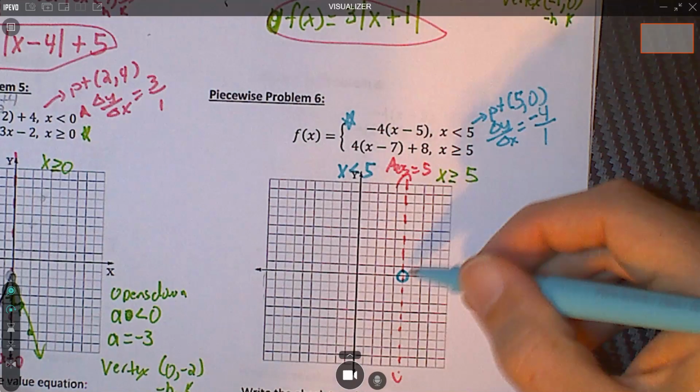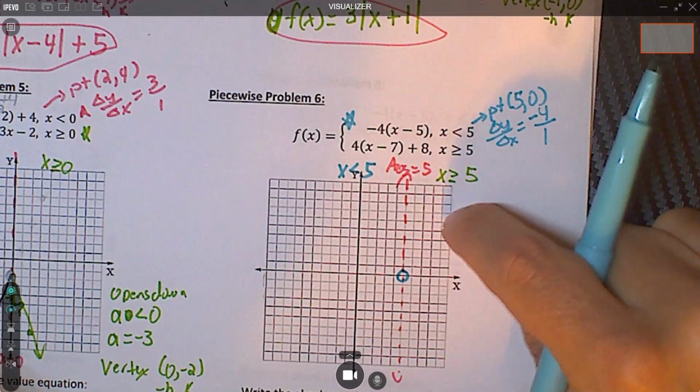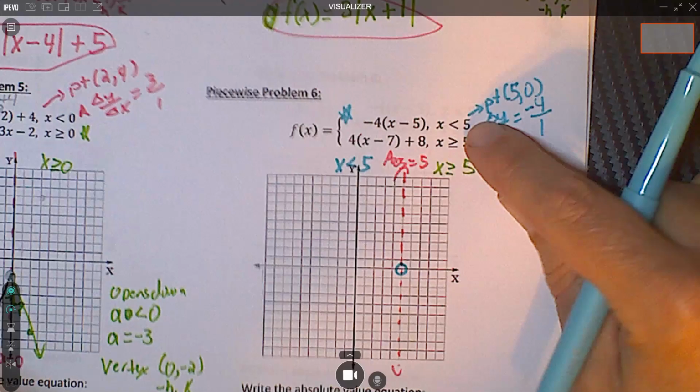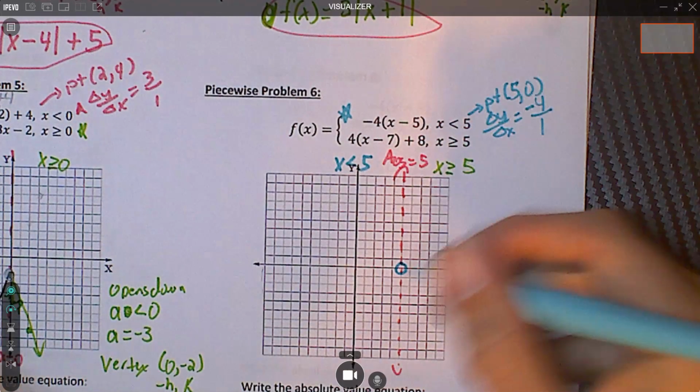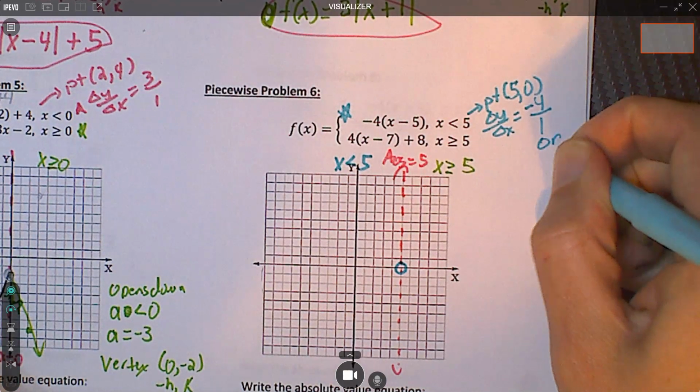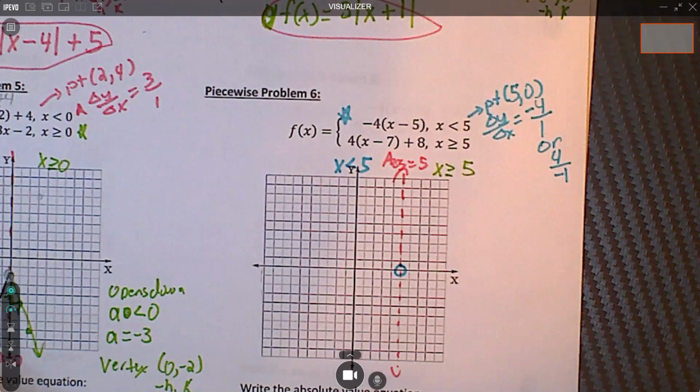Okay, and up 4, right 1 would be if we're in this zone, but we want the x's to be less than 5. So you could do 4 over -1.